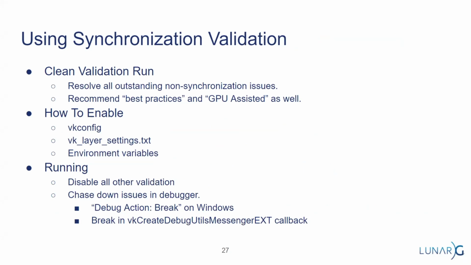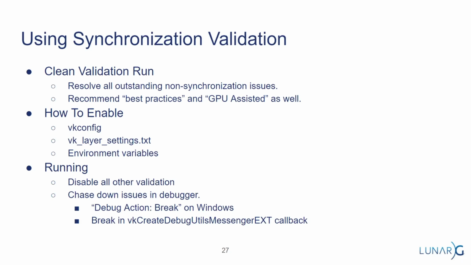We're going to do a live demo, but going into this, I should talk to you a bit about how you want to use it. The first thing you want to do is to make sure that you have a clean application relative to all other validation.